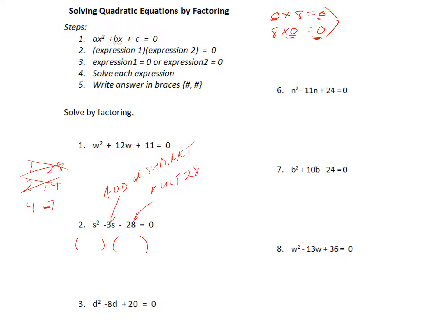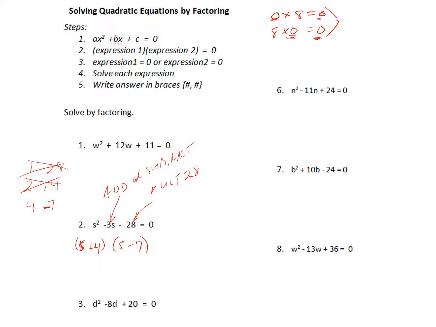And then if I add 4 and -7, on a number line I go 4 to the right, and then I go 7 to the left. That means I've gone 4 plus 3 more, so I'm at -3. So those two do add up to -3, and that tells me that the two factors here are going to be s plus 4 and s minus 7, right?